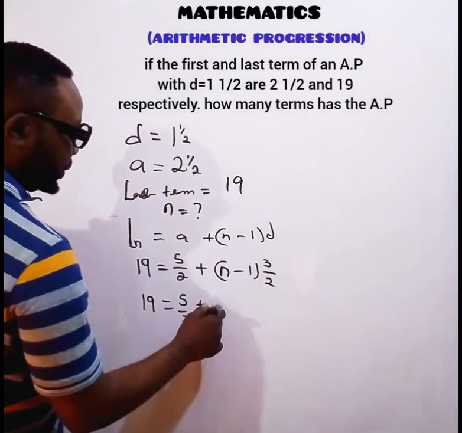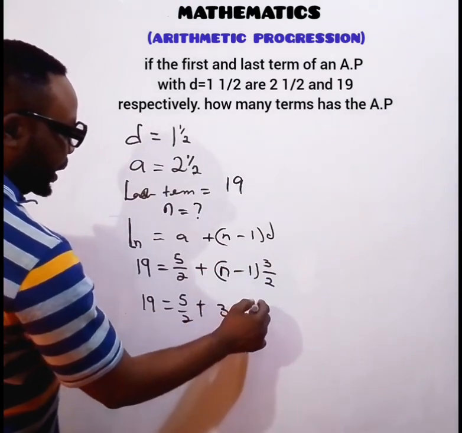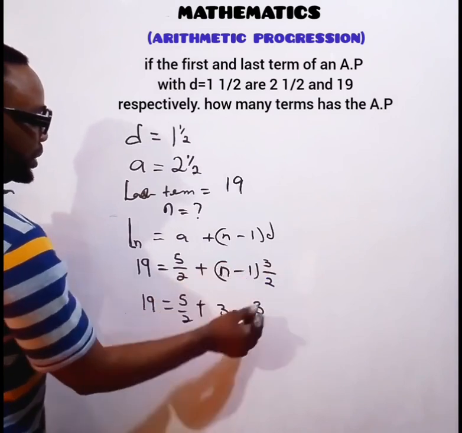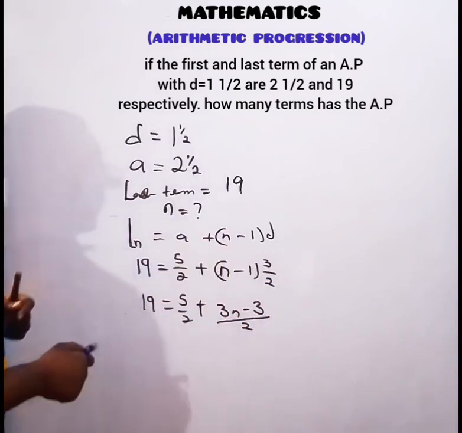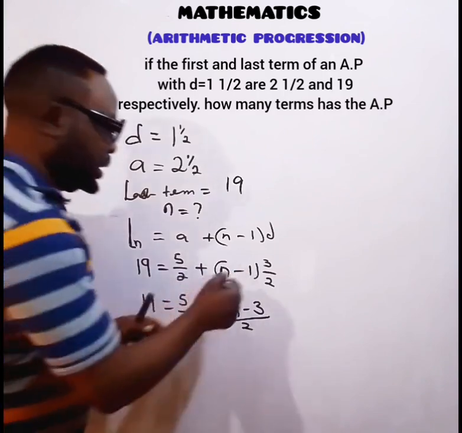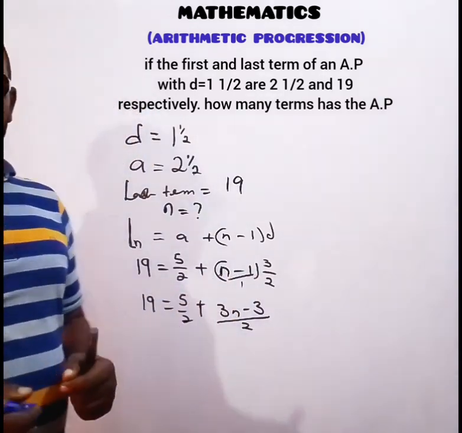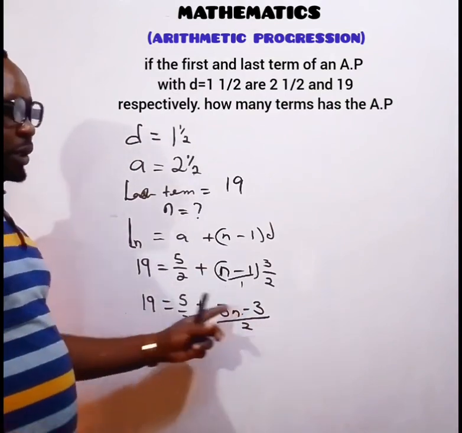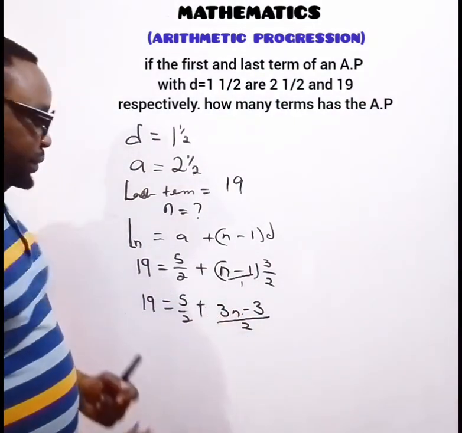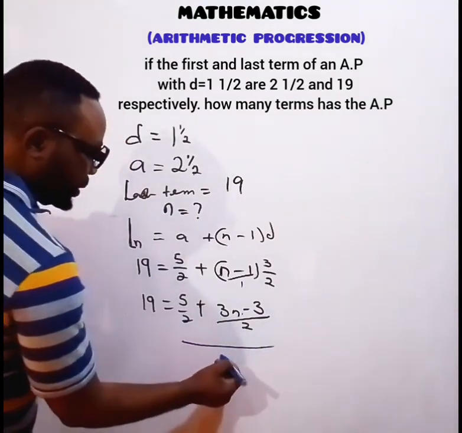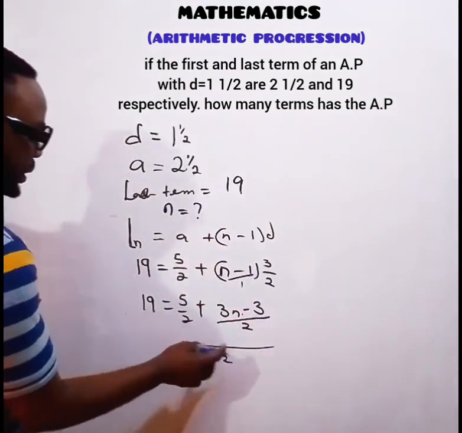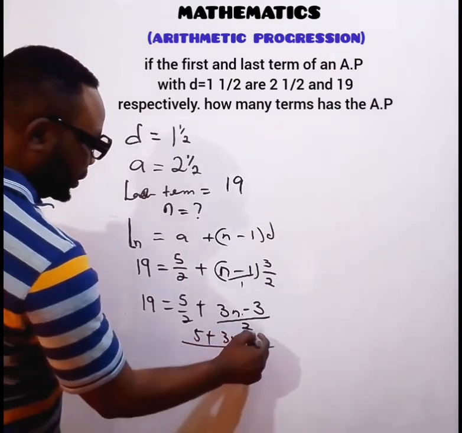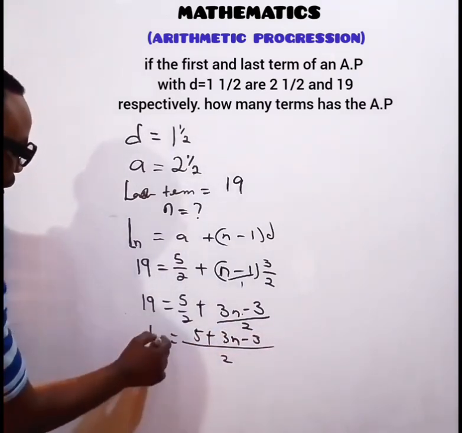We are going to have 3n minus 3. We are using 3 to multiply this expression here, all over 2. Because this is as well equal to over 1. So we have these two expressions turned into a fraction. So we can now find the LCM here. 2 here, 5 plus 3n minus 3 is equal to 19.